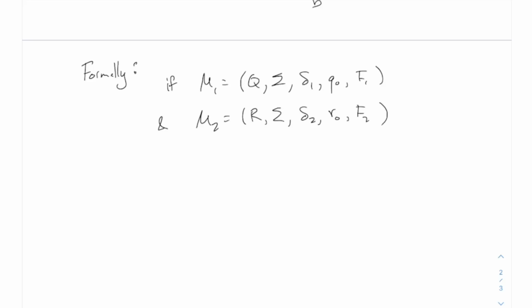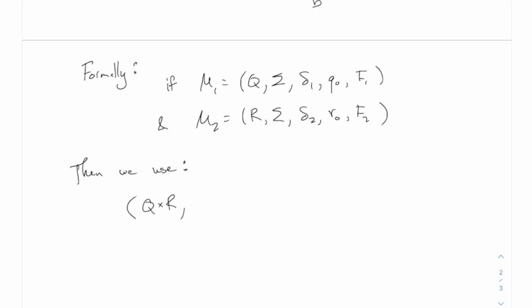Then what do we want for the machine which accepts the union? Well, all that's different is the accepting states. So the rest of it was Q cross R for the first part.